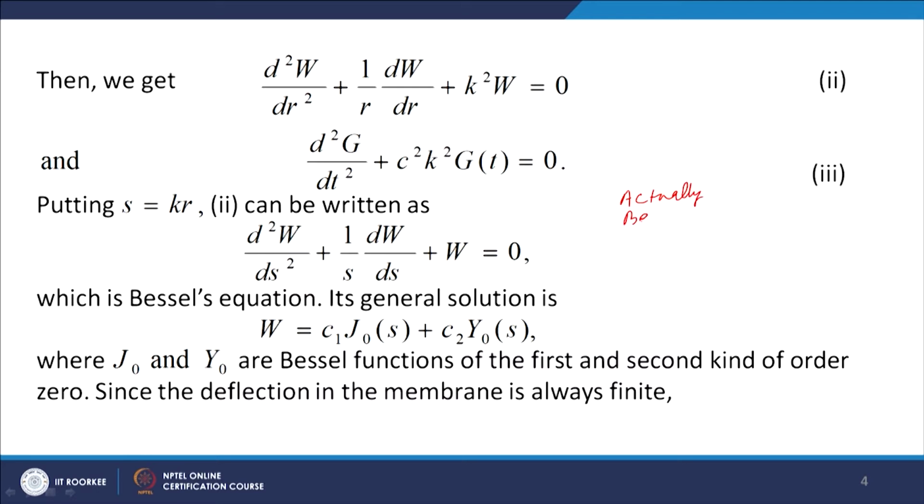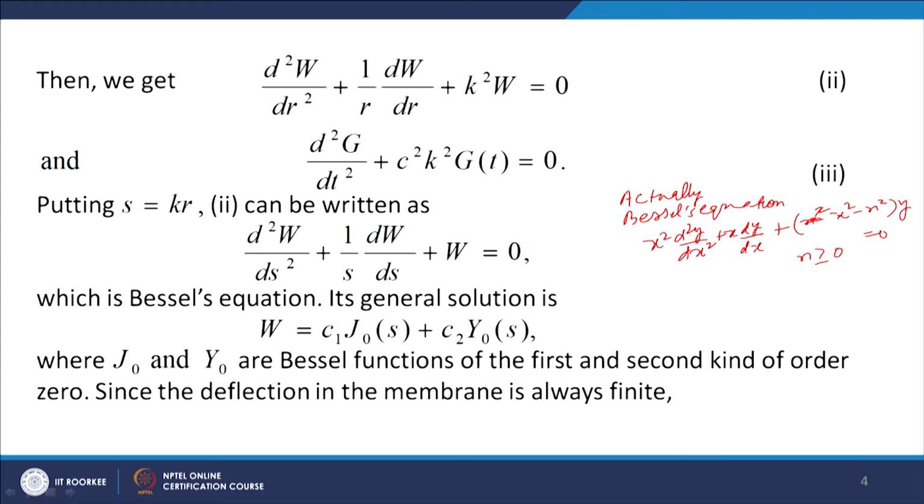Actually, Bessel's equation is of this form: x square d square y over dx square plus x times dy by dx plus (x square minus n square) y equal to 0, and n greater than or equal to 0 is a parameter.